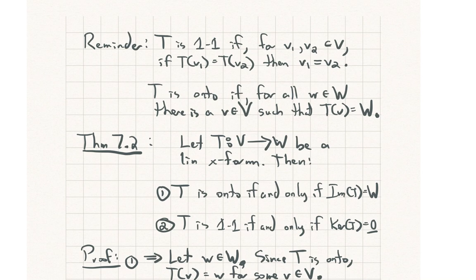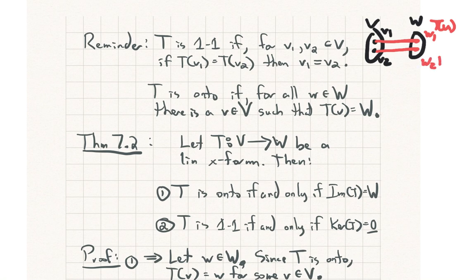And what that means in terms of a diagram, so this is your v and this is your w, is that each element in v gets mapped to a different element, w1 or maybe T v1, and this is w2 or T v2 in w. So things never go to the same element.